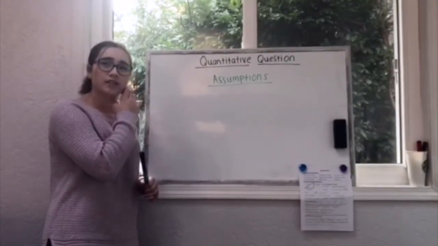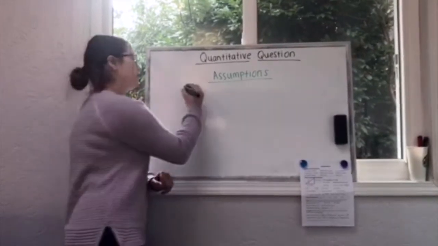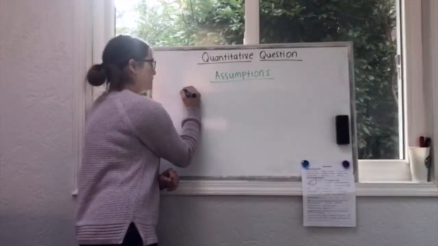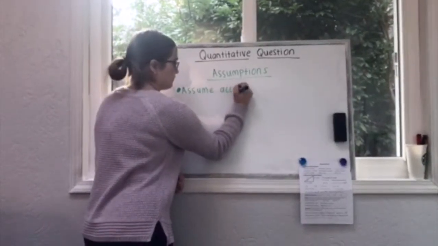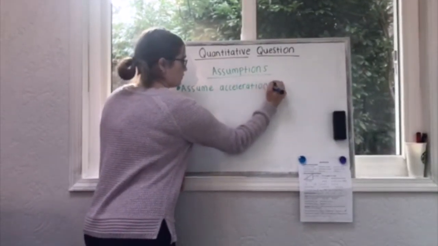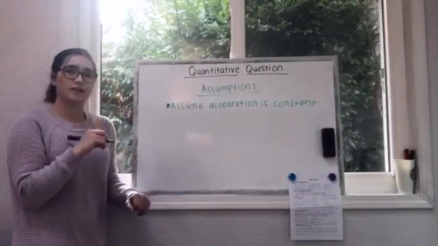And since we're dealing with projectile motion, we know that our acceleration is little g. So one of our assumptions is assume acceleration is constant.